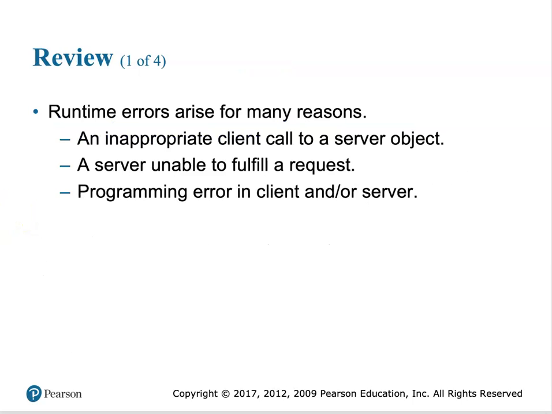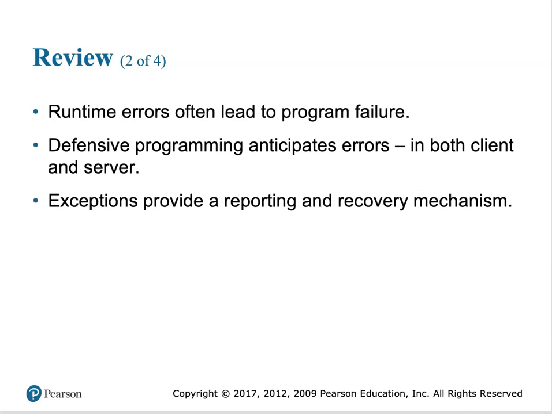When we're writing code, runtime errors can show up for many different reasons. It could be the client's making a bad call to the server object. It could be the server object is unable to fulfill a request. It could be a programming error. It could be a network error. It could be user error. We want to try to anticipate those errors on both sides, in the client and the server, decide how we're going to handle those problems, and use exceptions to provide either a recovery mechanism or a reporting mechanism.